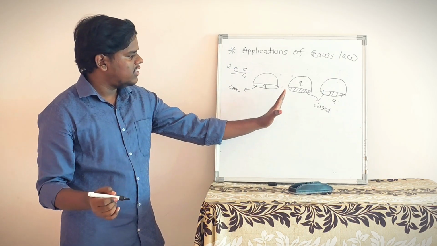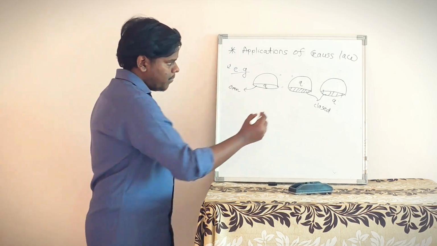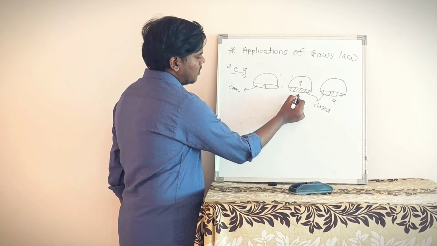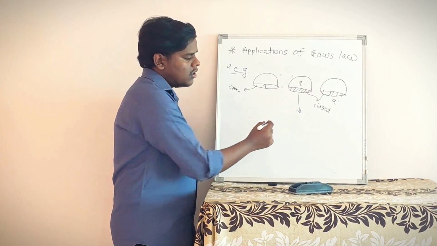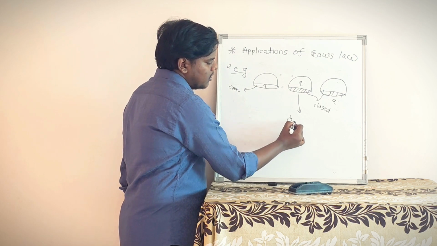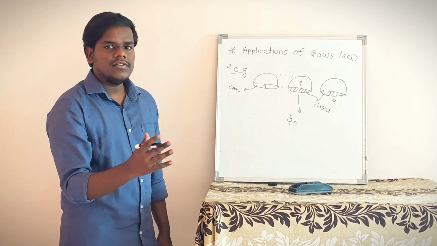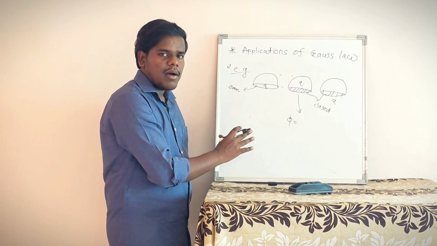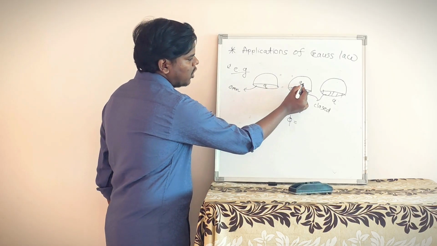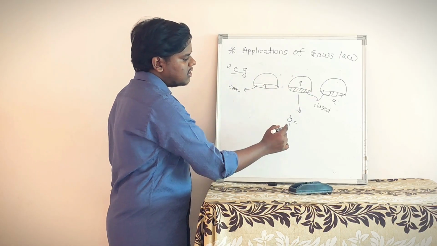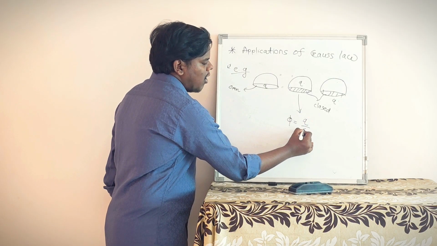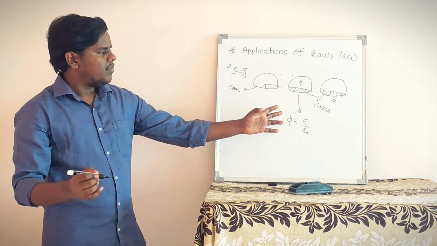This part we will see later. First of all, these two are closed surfaces. So for this hemisphere, how can we write the flux? From the Gauss law, flux is the charge inside this closed surface upon epsilon naught. This Q is inside the closed surface, so flux will be Q upon epsilon naught.